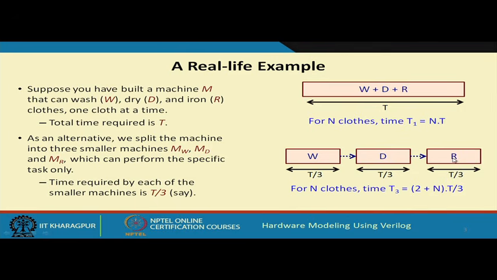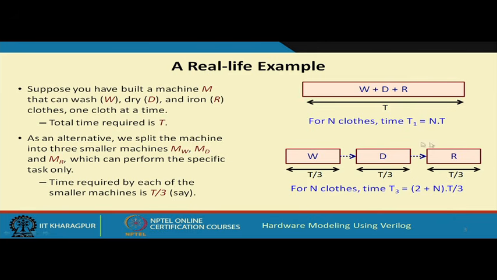Of course, there will be a little increase in cost, because you have to do the necessary packaging, put it inside a nice cabinet and so on. But whatever is there inside the actual electromechanical systems, they are not much different. So, we split the machine into 3 smaller machines, MW, MD and MR, these 3 boxes which can perform specific tasks.